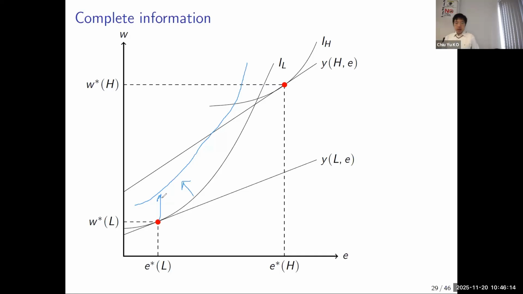Why is your indifference curve like this? You want a higher salary, but getting education is more costly, and more costly the more you get. So it is upward sloping, not a flat line, because money and education are related non-linearly.